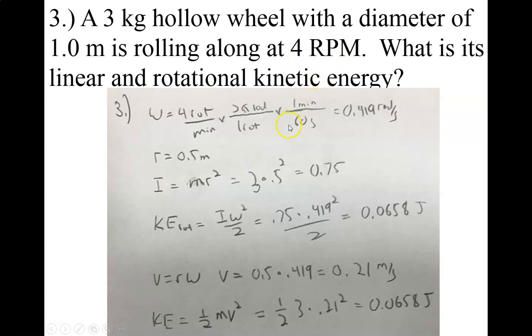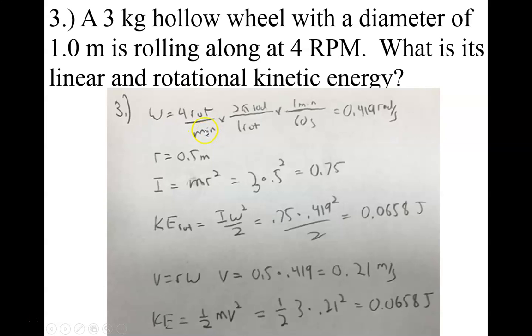The first thing I choose to do is put everything in the correct units here. For its omega, we're going to convert 4 RPMs into 0.419 radians per second. 1 rotation equals 2 pi radians, and 1 minute equals 60 seconds.